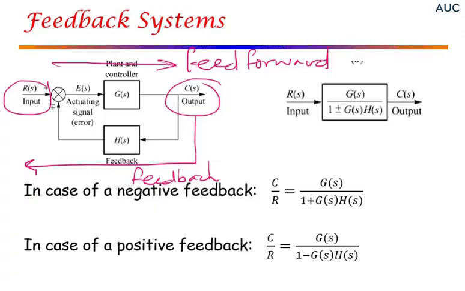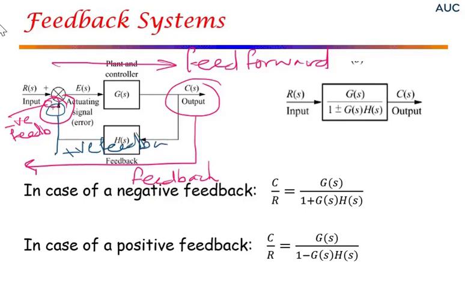Now, based on the sign here, if it is negative, like this signal, we call that negative feedback. However, if it is positive, we call that positive feedback. So that's how we define the configuration. So we say that this is a negative or positive feedback because there is a signal coming from the output towards the input direction. Positive or negative based on what appears as a sign.